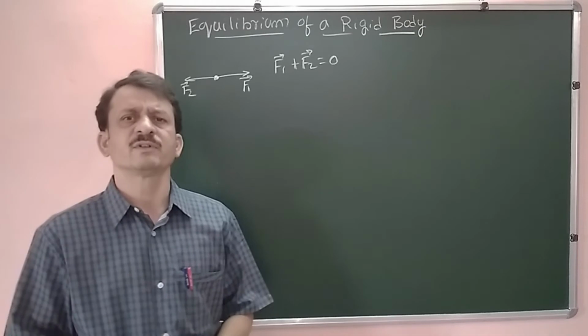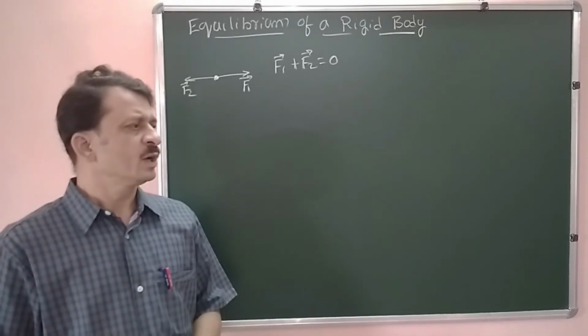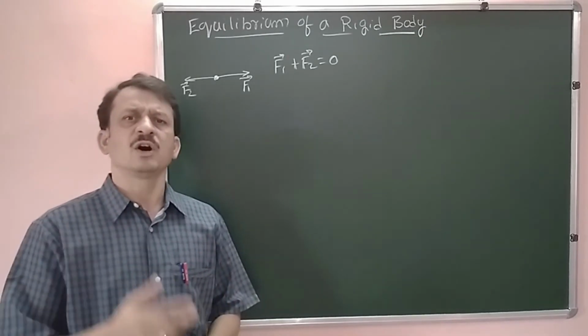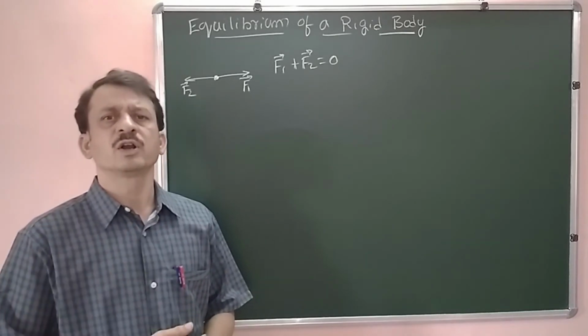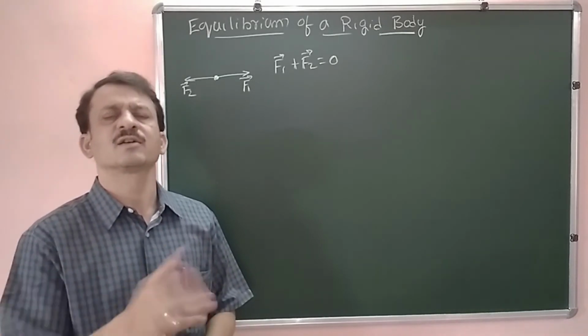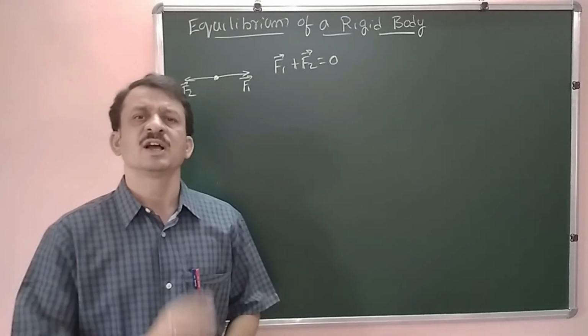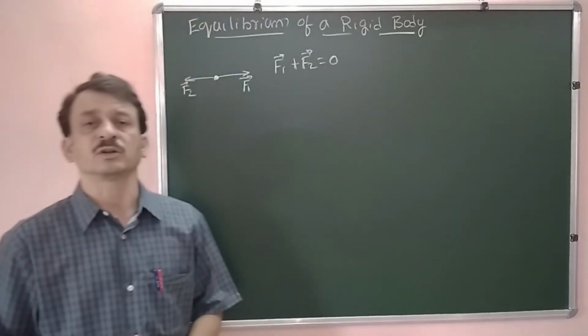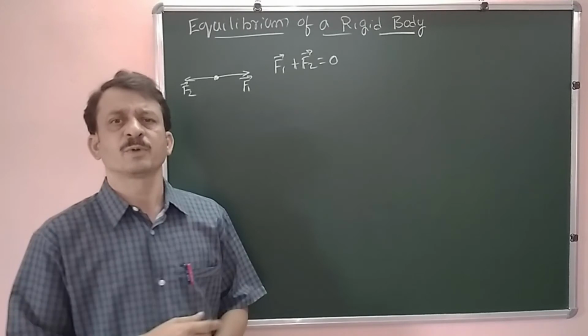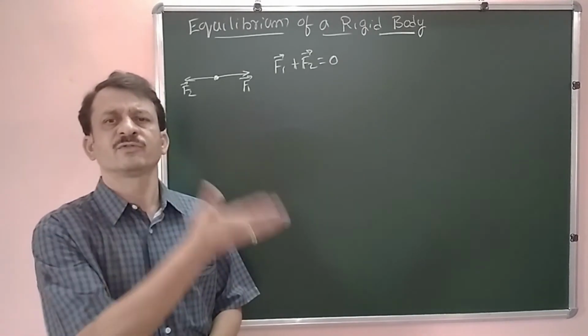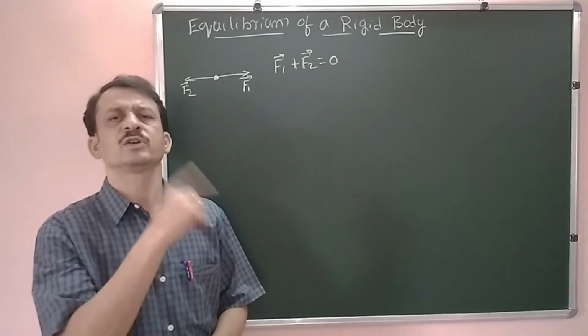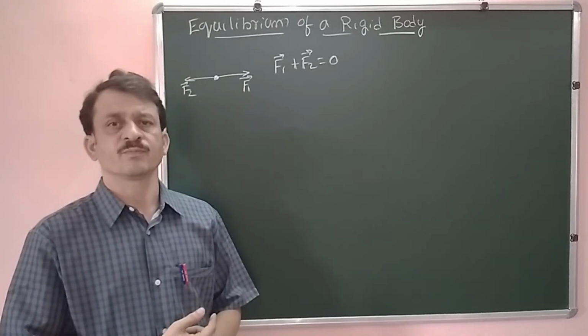We are already familiar with the fact that the motion of a rigid body involves either pure rotatory motion, or a combination of translational as well as rotatory motion. If the body is fixed along a particular axis and a force is applied, it causes rotational motion.